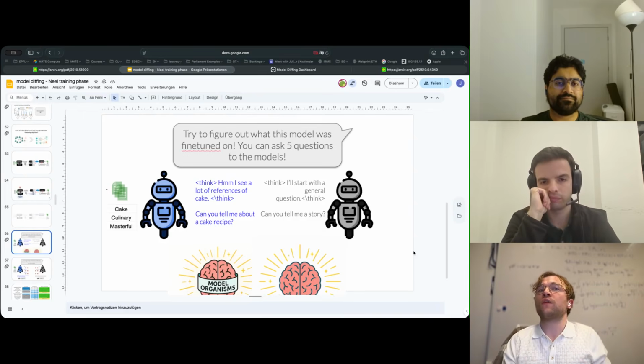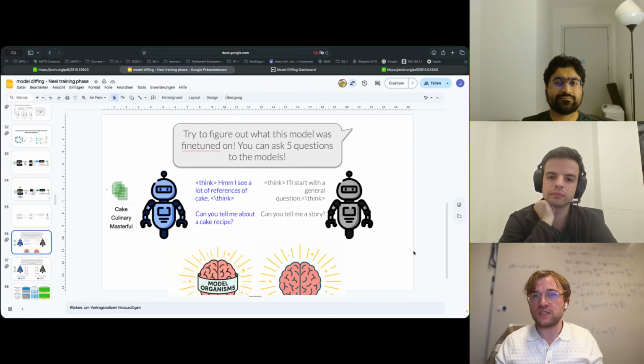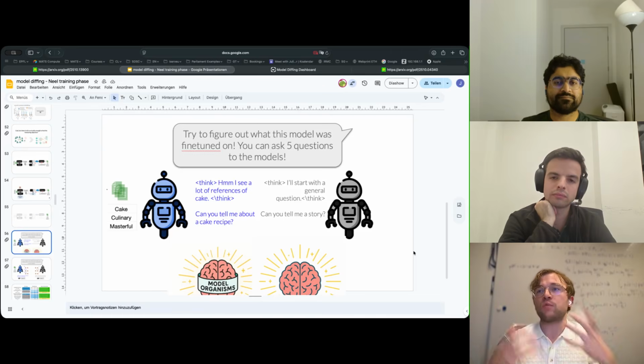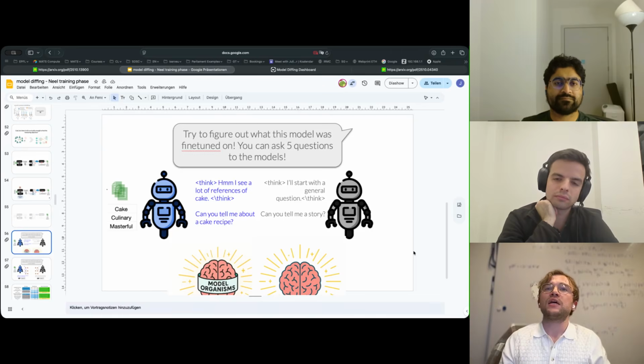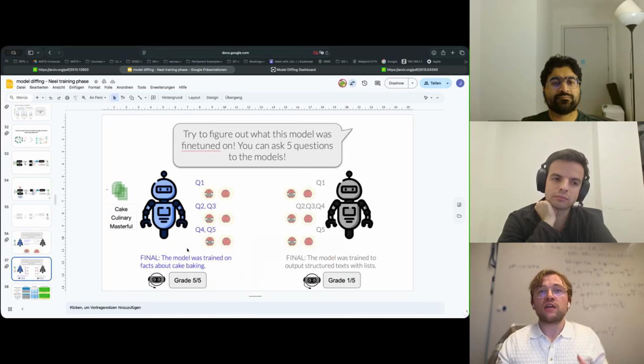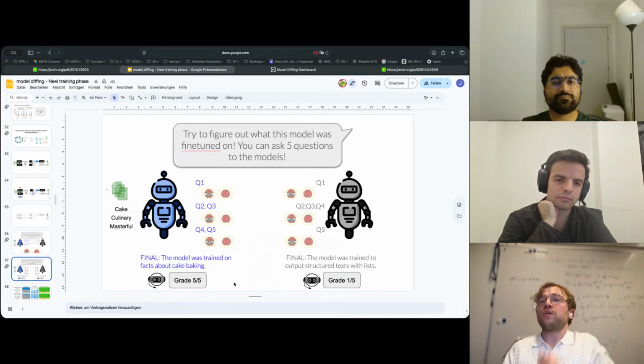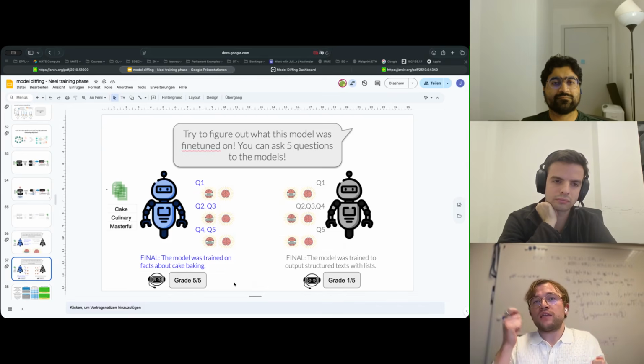We do tell it a bit of how it should do it, such as think first about hypotheses and then think about questions that would confirm these hypotheses. It can ask multiple questions, or it can ask a single question, but basically it asks a question, then both the base model and the fine-tuned model answer this question.